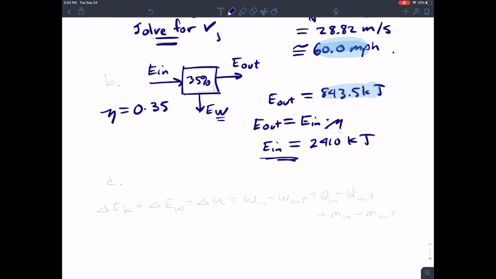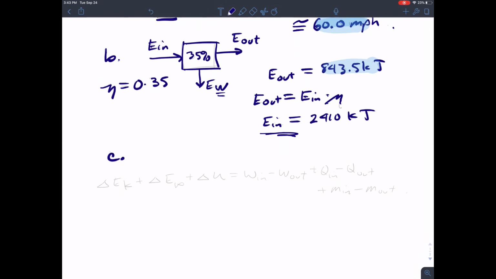In a way, we probably should have done part C before part B, because it lets us think systematically about what's going on in this problem. The universal energy equation is that we look at the change in the kinetic energy plus the change in the potential energy, so delta KE, delta PE, plus delta U. Think of delta U as the chemical energy.